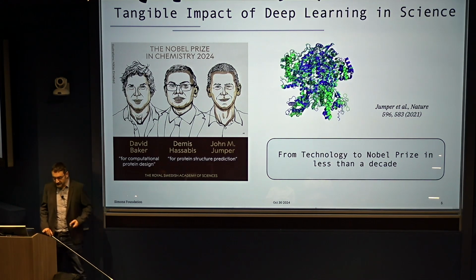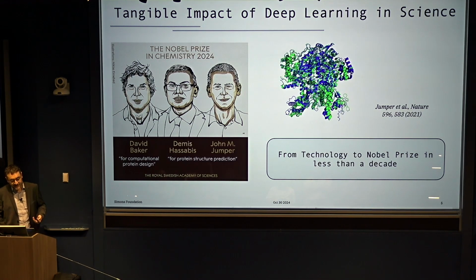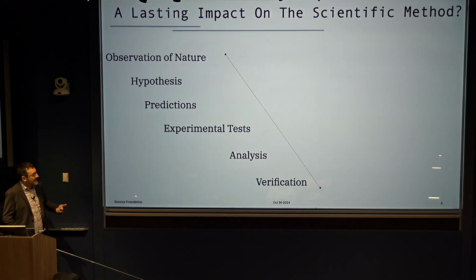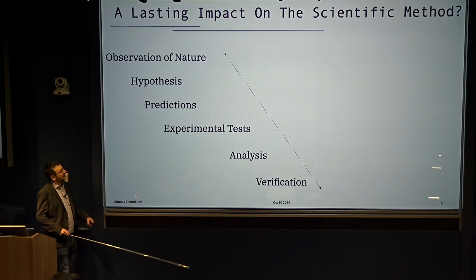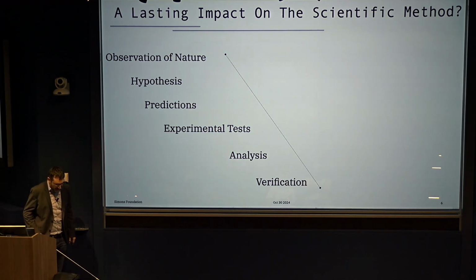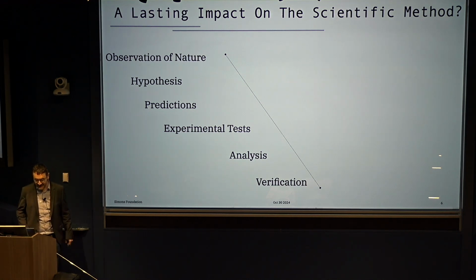So this is one case where we can already see that this technology is having a tangible impact in pure science. But we can also ask ourselves, of course, if this technology is going to have a lasting impact on the scientific method, or, as some of us like to call it, on pure science.